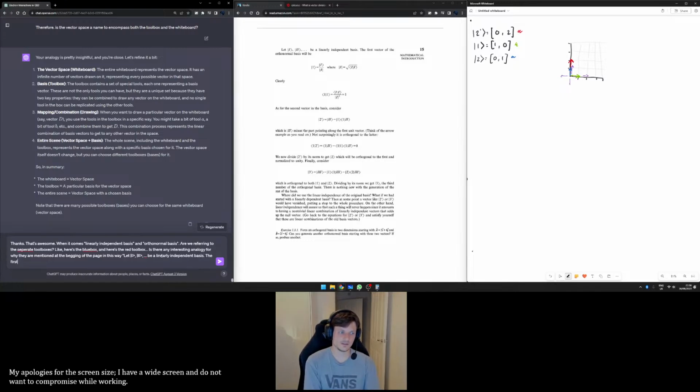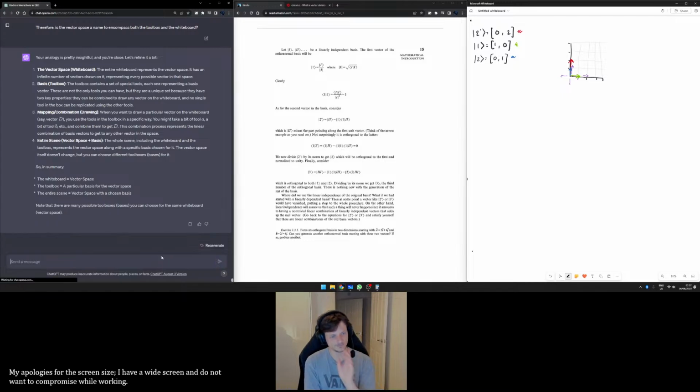The first vector of the orthonormal basis will be. It's just quite difficult to draw insight from the highly technical wording used in mathematics.